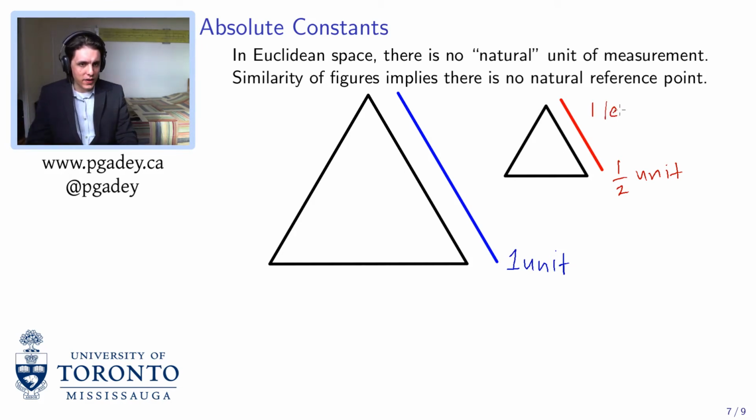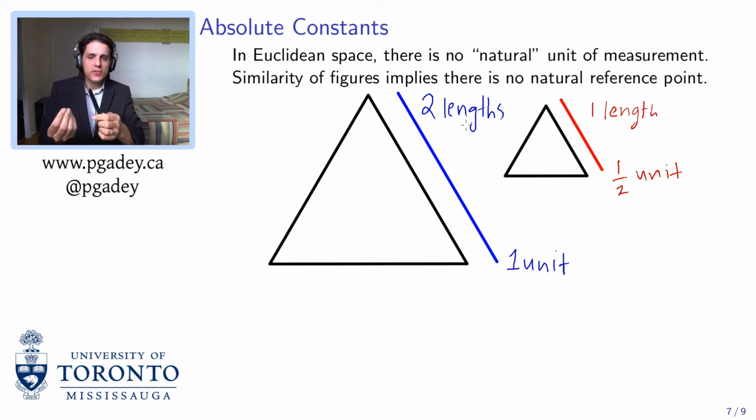We could call this 1 length, and then this winds up being 2 lengths. Right? Because of the notion of similarity in Euclidean space, we can't say that the blue line is the defining unit of length or the red line is the defining unit of length. Each one, the red line or the blue line, could serve as a basis for our geometry.